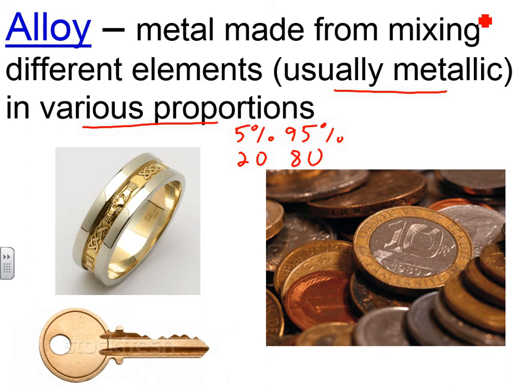So here is a key. This is a brass key. Brass is another example of an alloy. Brass actually mixes the element zinc and copper together in different proportions. If you want it to look more silverish, you put more zinc into it. If you want to make it look a little more orange, you put more copper into it. And this ring, even though the ring may be made of silver or of gold, it's really rare for it to be made of pure silver or pure gold.